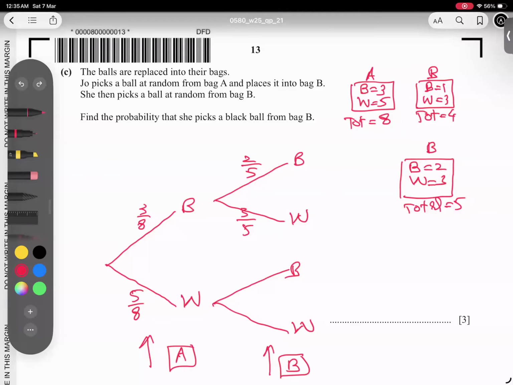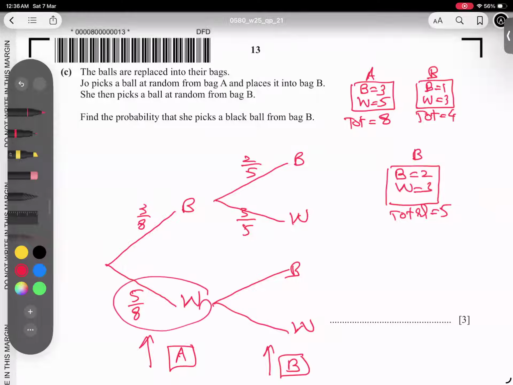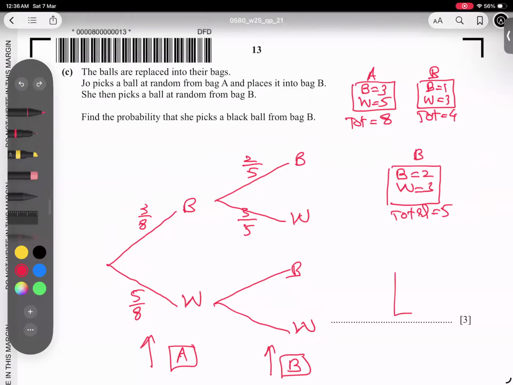Now, students, I have to make the same story for the other branch. So let's try to do it. Now, focus, please. Let's talk about this other branch. The way I started with black, I will talk about white. When I take one white ball from here and shift it to bag B, what happened?